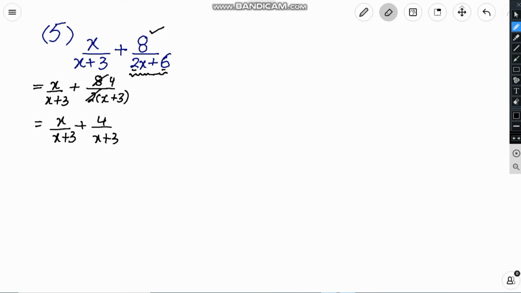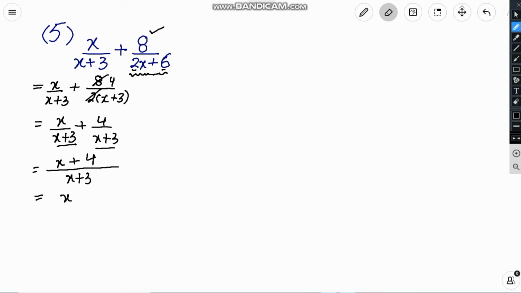Just notice one thing, that now our denominators have become the same. The denominators of both these expressions are now the same. So you can solve it by simply writing the denominator just once, x plus 3, and simply adding the numerators.